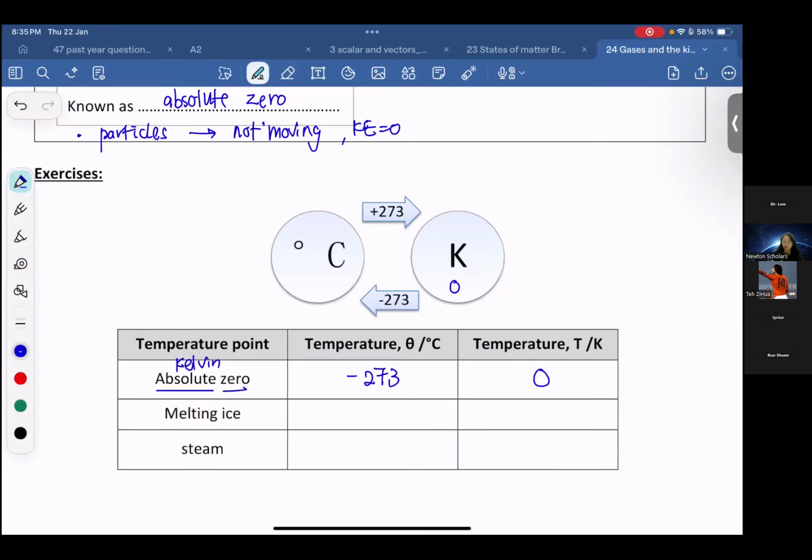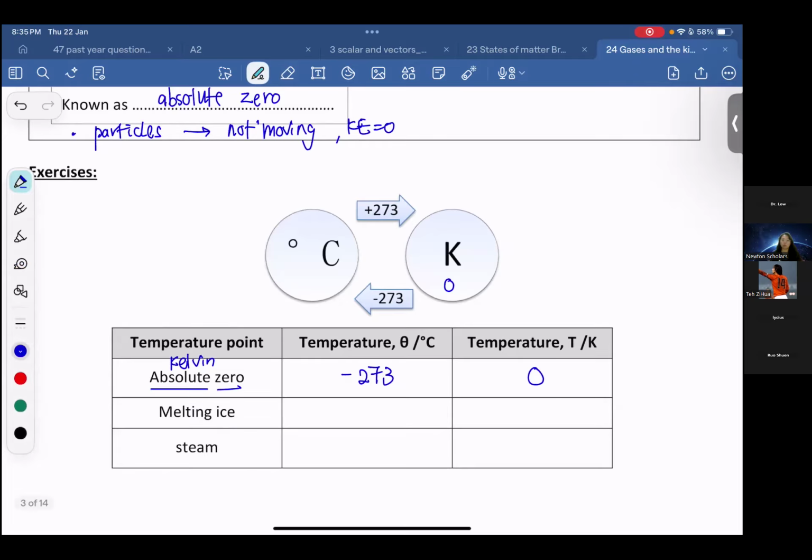Here, melting ice. Ice melts at what degree Celsius? The answer is 0, am I right? From ice we melt it to become water at 0 degrees Celsius. If we convert to Kelvin, it should be 273 Kelvin, so plus it here.